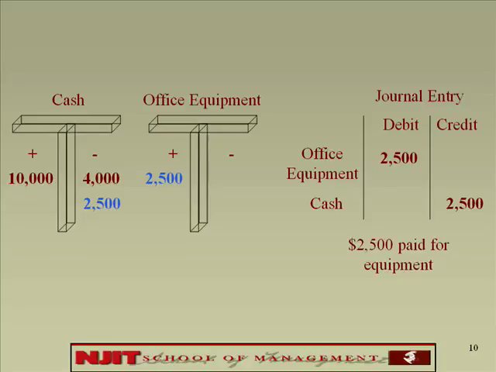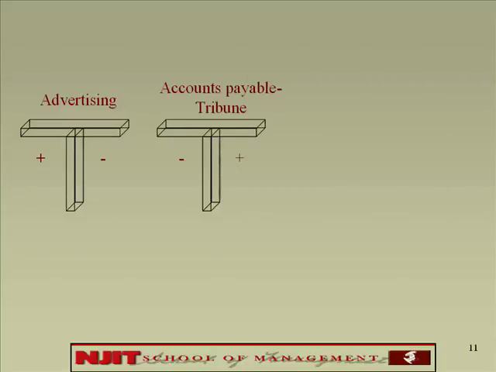What do you call suppliers? Accounts payable. So what two accounts are impacted? Advertising expense and accounts payable, which in this case is the Tribune. Expense is plus minus. Accounts payable is a liability.